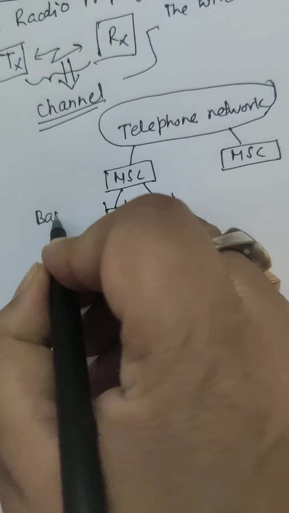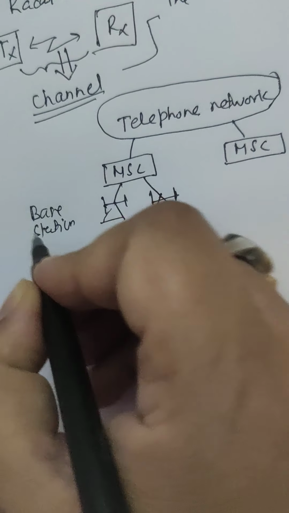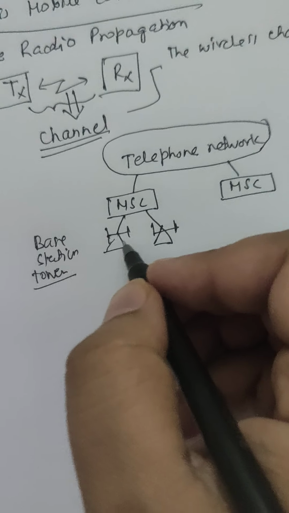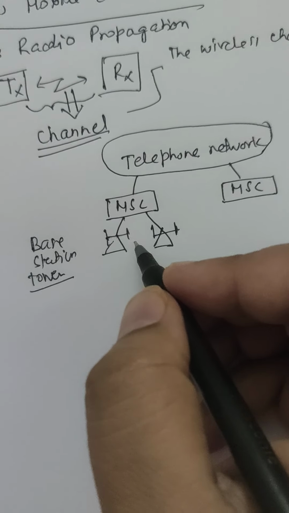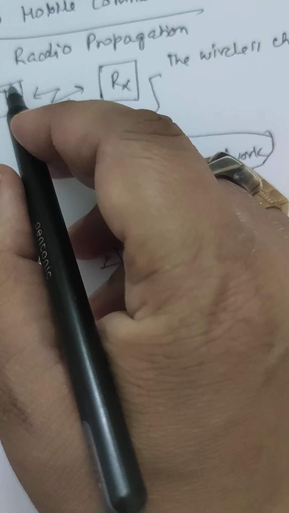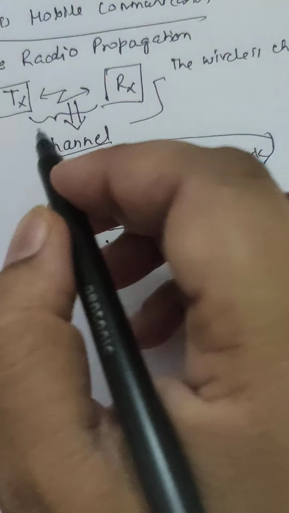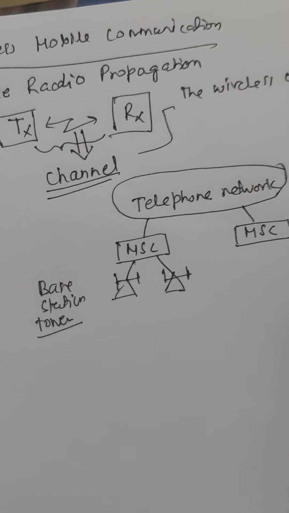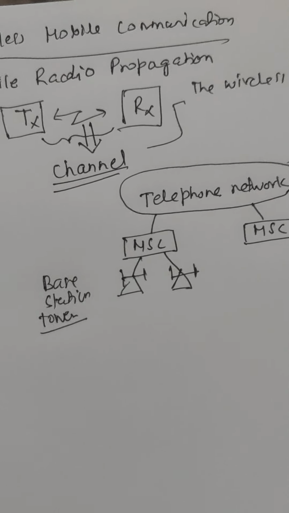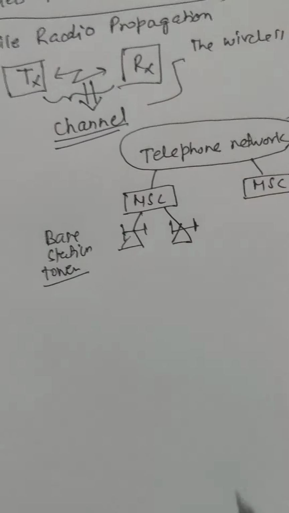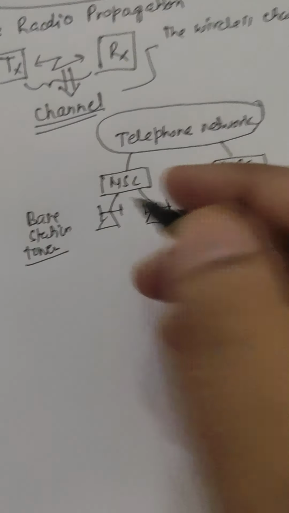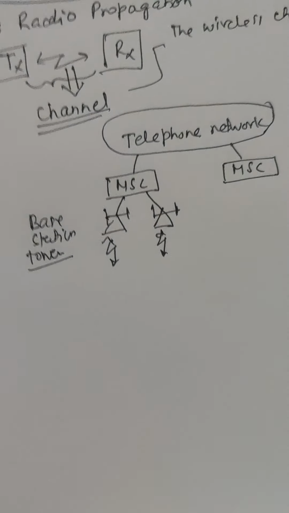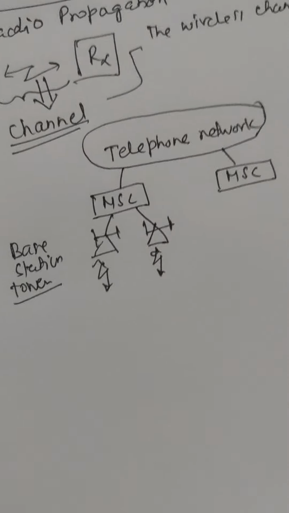The base station is nothing but the tower. The tower radiates electromagnetic waves in free space, and in this free space the waves propagate, which means they move from the source to the destination end. They are allowed to propagate these radio waves in free space.